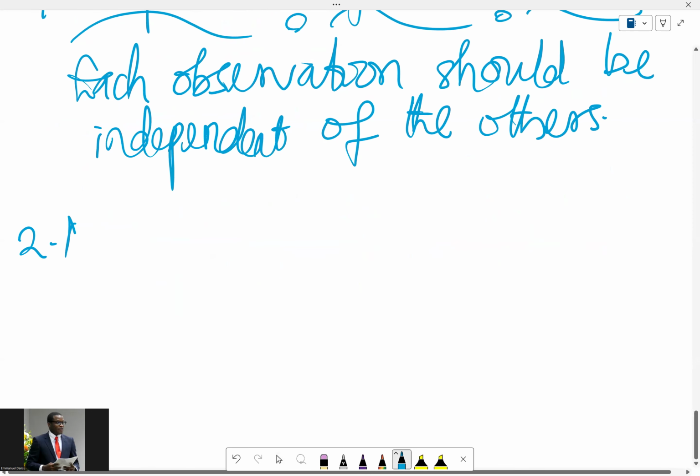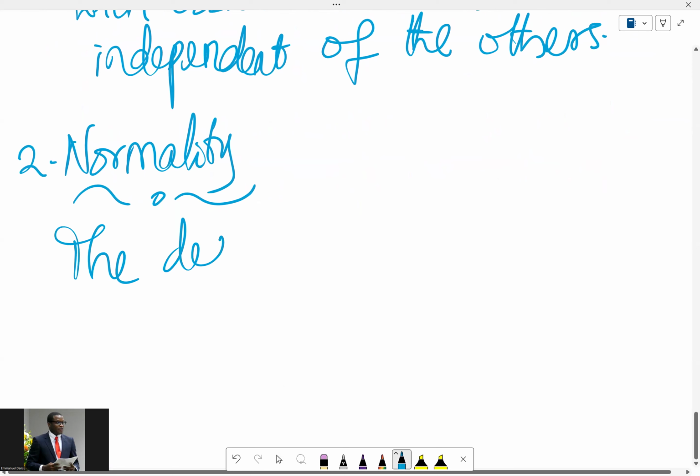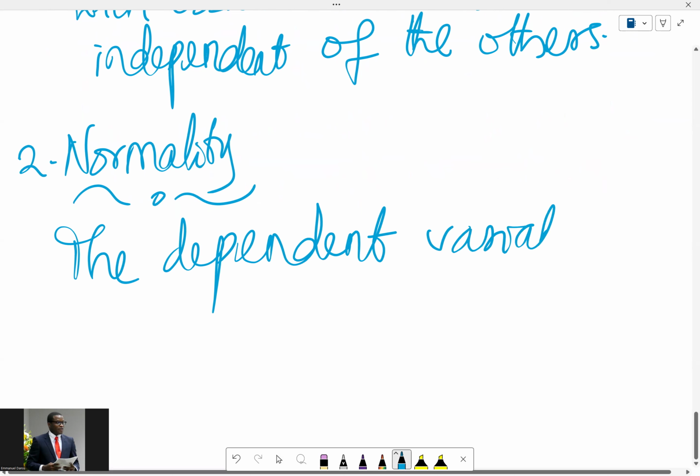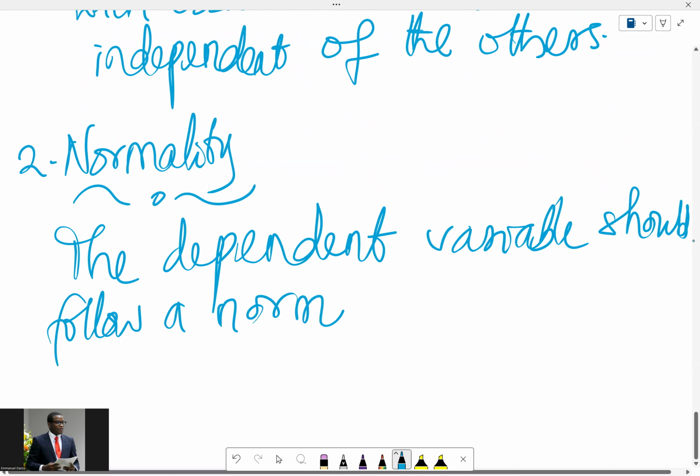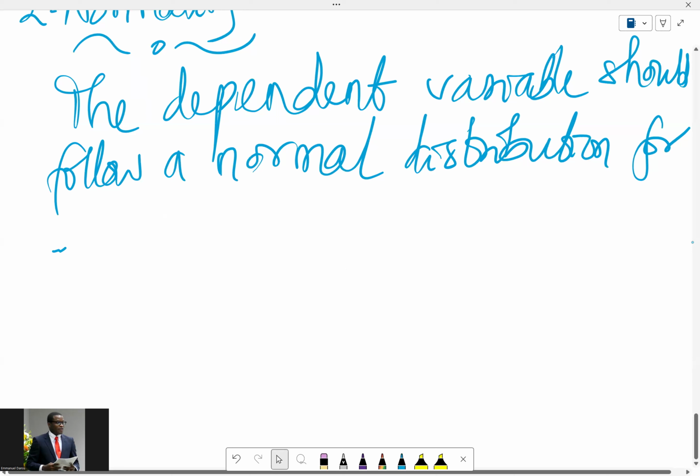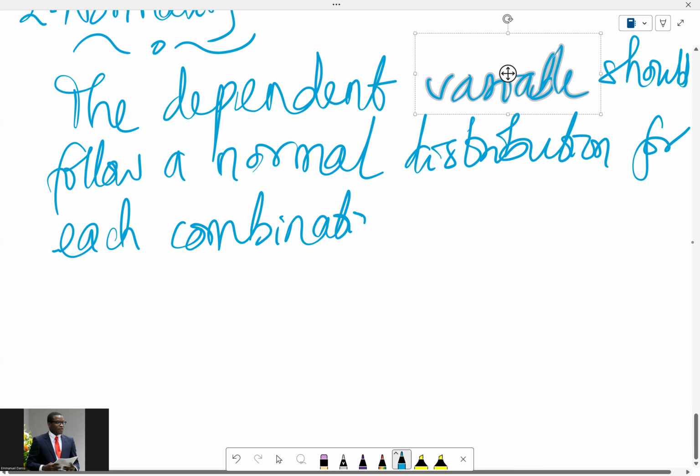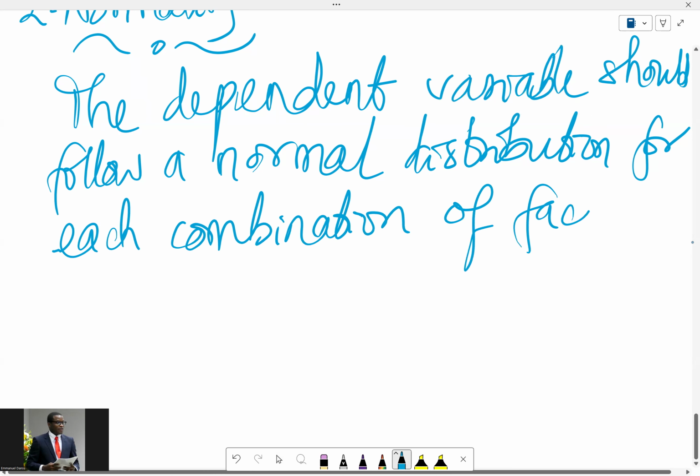Another assumption would be normality. What this simply means is that the dependent variable should follow a normal distribution for each combination of factor levels.